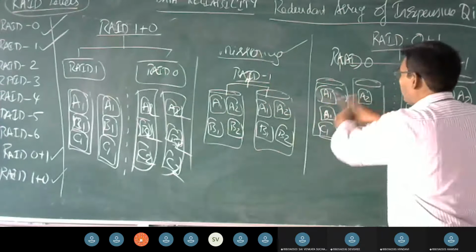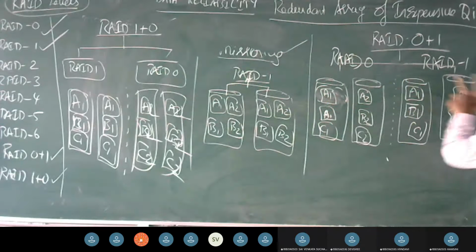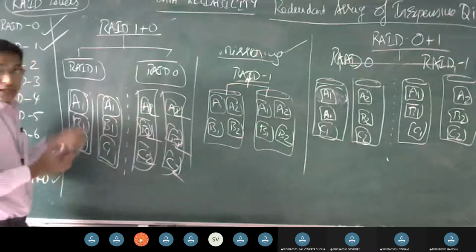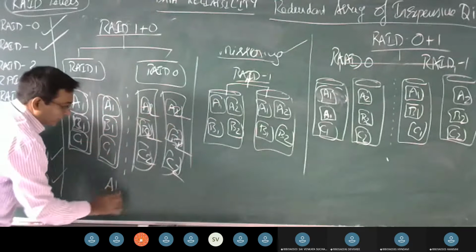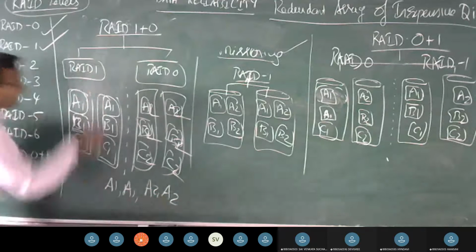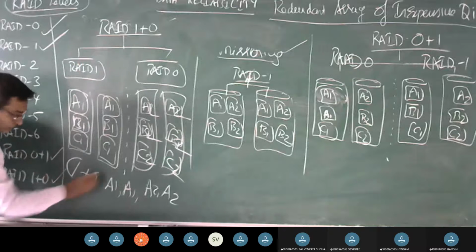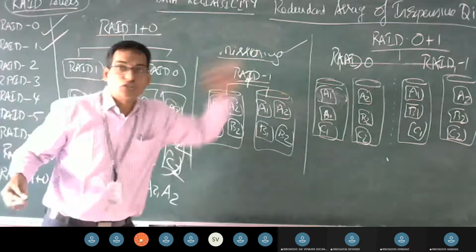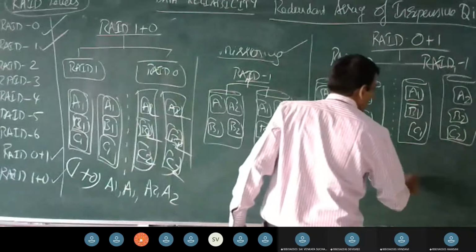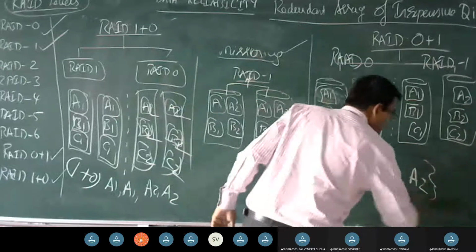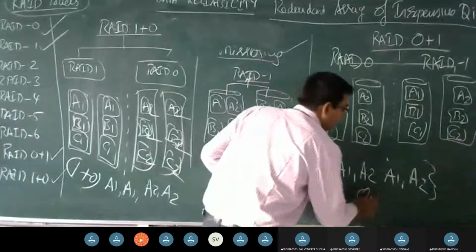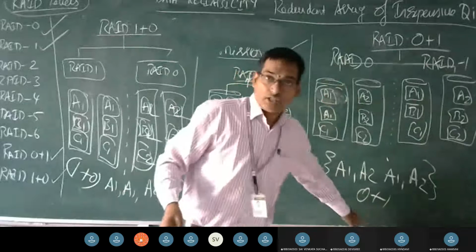Here I am going to write A1, A2, but what here am I going to write? I am going to write A1, A2. You should understand the difference. I am going to write it for 1 plus 0. What am I going to write for 0 plus 1? I am going to write A1, A2 followed by A1, A2, and that is implemented with the RAID level called 0 plus 1.